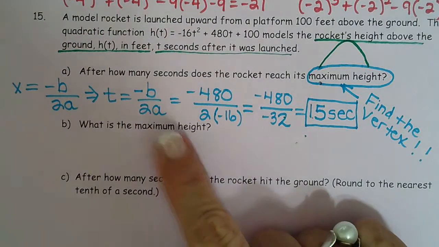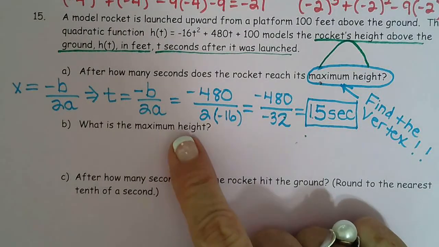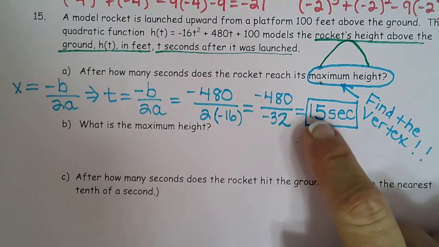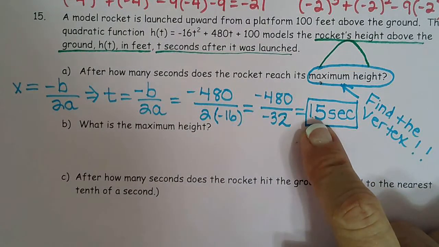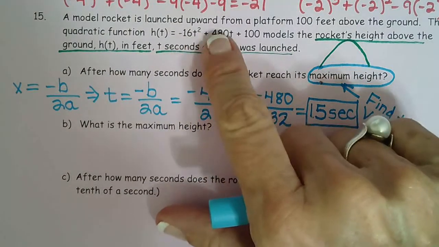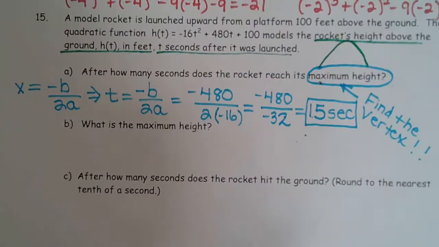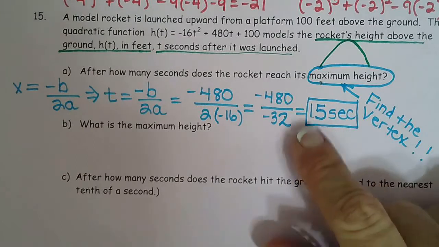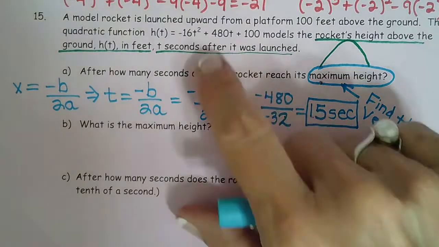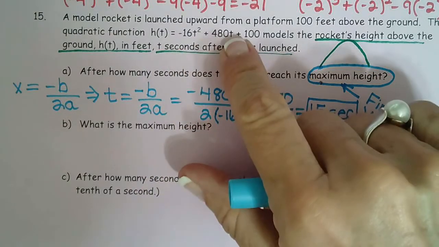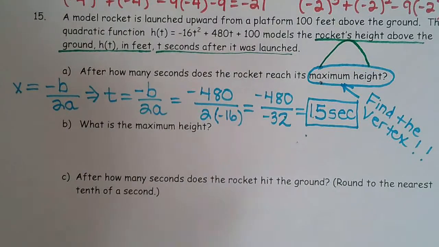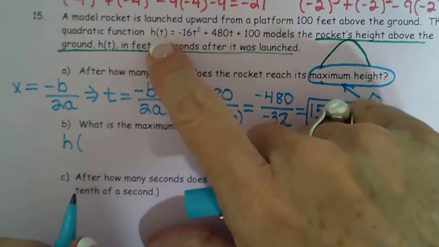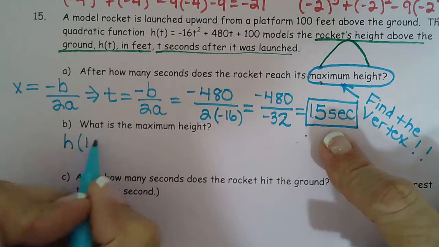Okay, this is the other thing we learned in 7.5. If I want to find the height, which is my y, well, I know my x now, or in this problem t. So just like we did for the vertex problem on 11 and 12 on the last page, we're going to do the same thing. We take our x or t, we plug it into all the places we see t, and that'll give us h. So h of, here's a t, so replace it with 15.